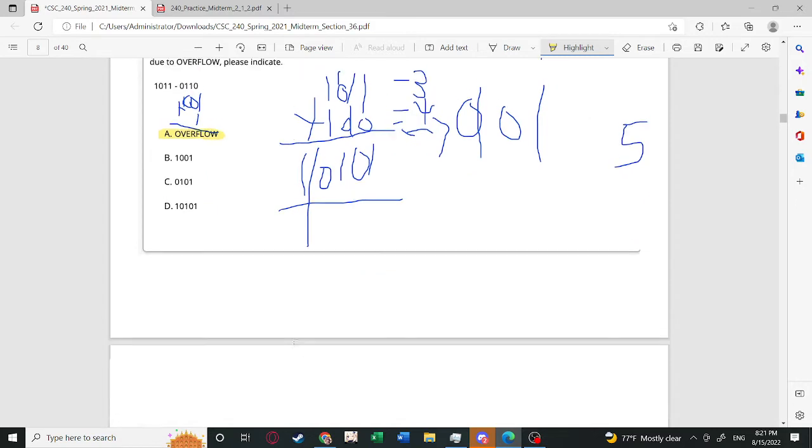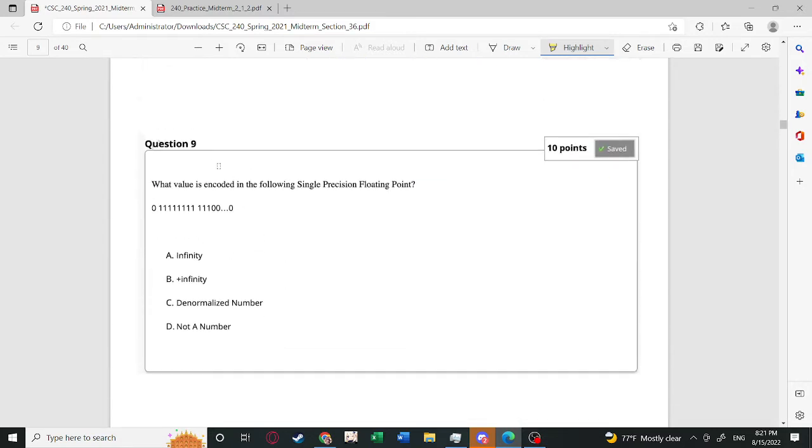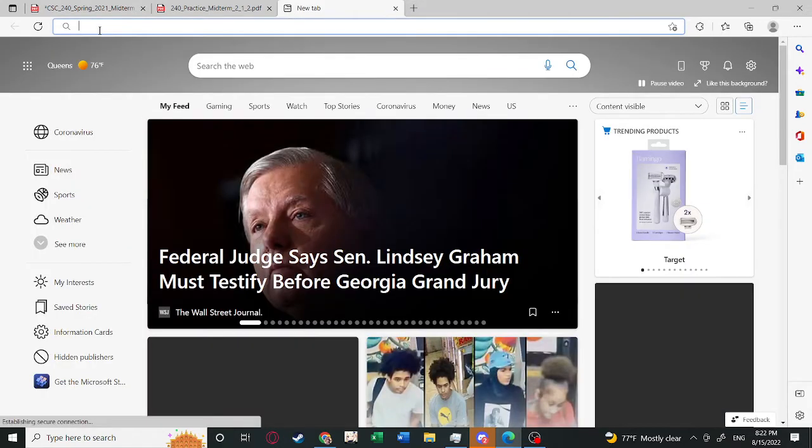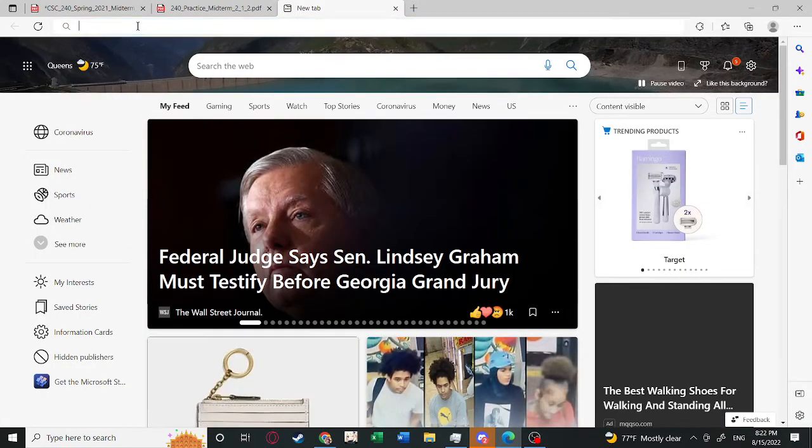Yes, thank you. Okay. So number 9, what value is encoded in the following single precision floating point? So this one is a special case. If you go to the top part.